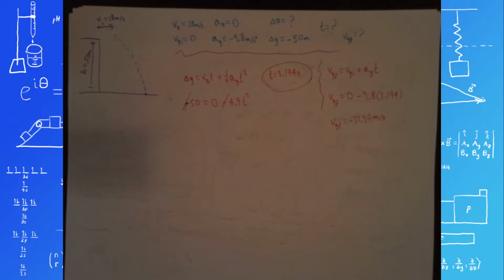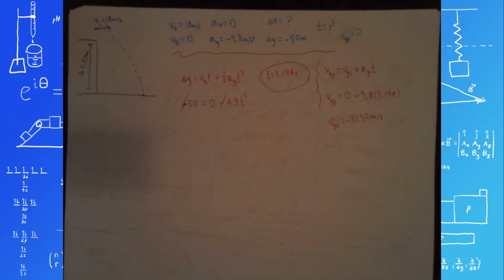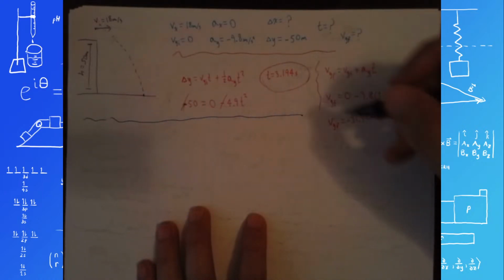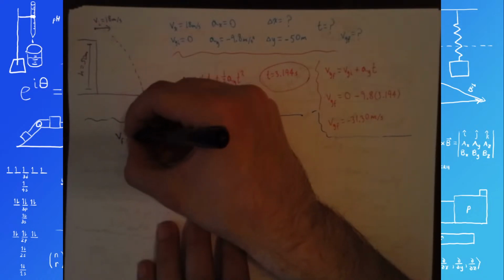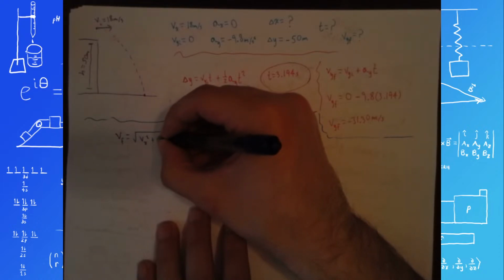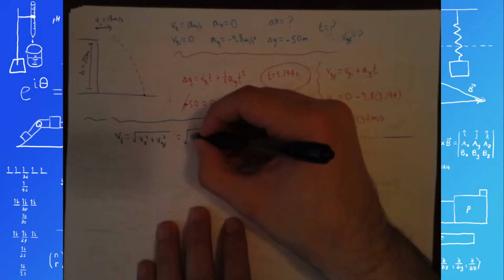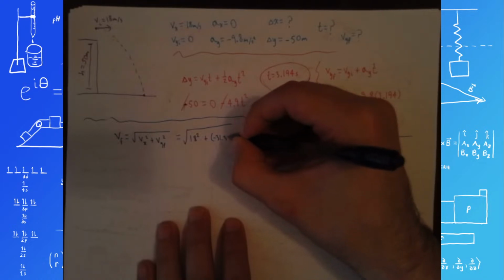So then we can do Pythagorean theorem to figure out v final. Let me switch to another color here. So I can do v final is equal to the square root of vx squared plus vy final squared, equals the square root of 18 squared plus negative 31.30 squared.